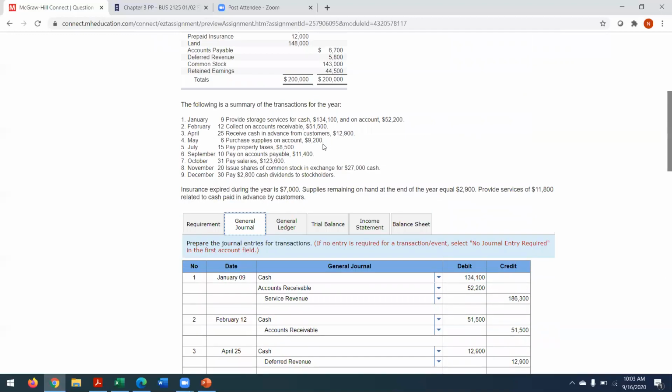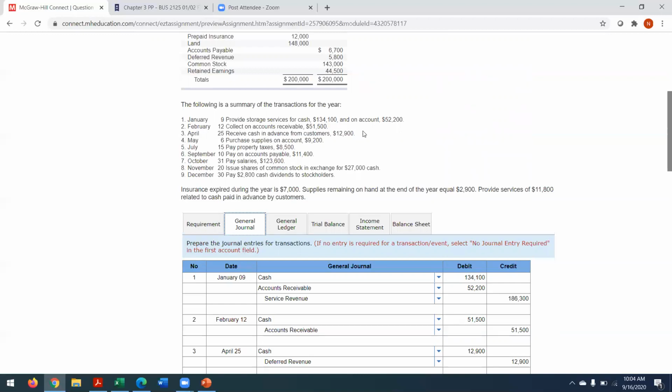Now it says we provided services of 11,800 related to cash paid in advance by customers. Do you see up here we have some deferred revenue of 5,800? And then we also had 12,900 here in deferred revenue.